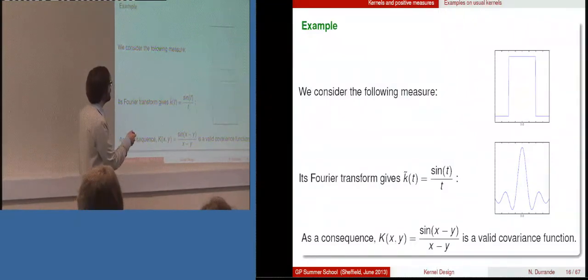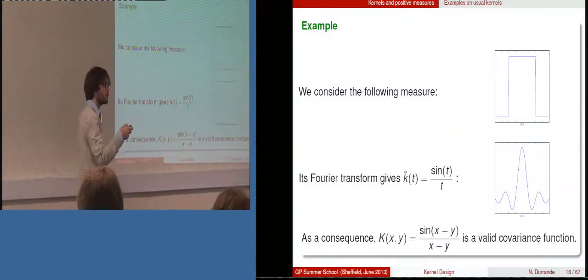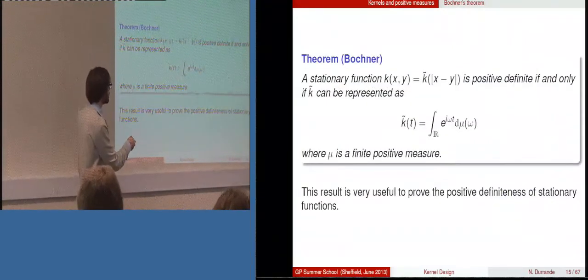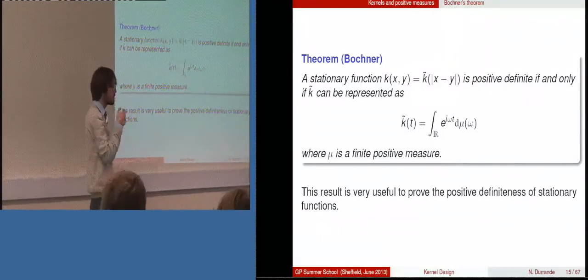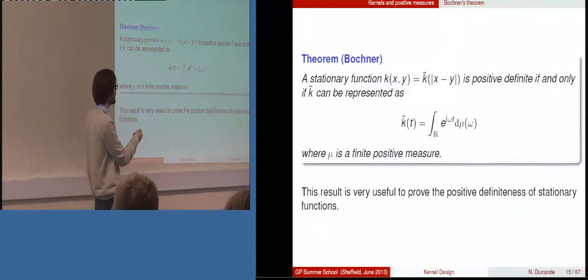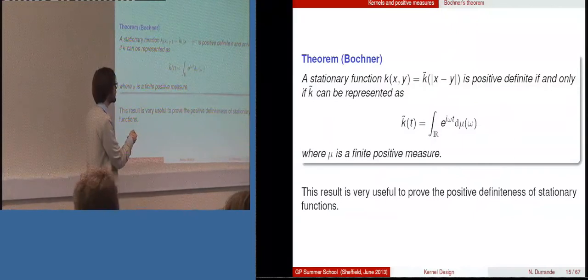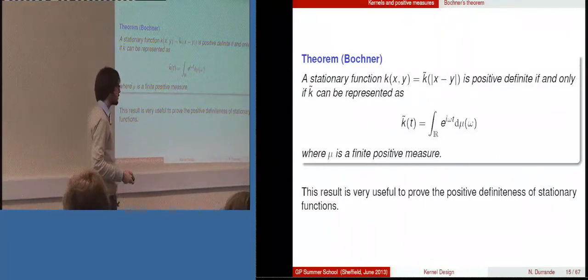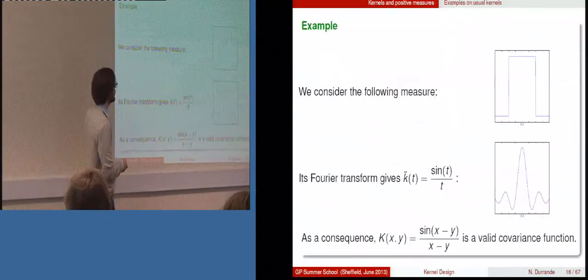Here you have a measure mu. From this measure, you can compute its inverse Fourier transform, which is given by this formula. This will give you a function here. If the measure you use here is positive, in the sense that it's greater than 0 everywhere, the usual sense of being positive for a function, and this is very easy to check, then you will end up with a positive definite function over here.